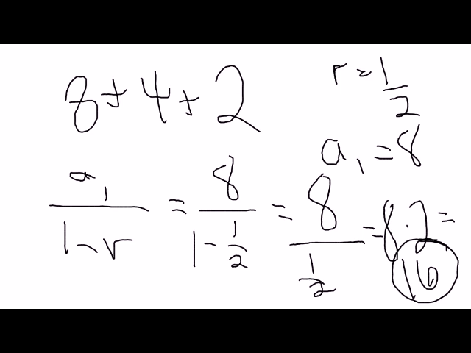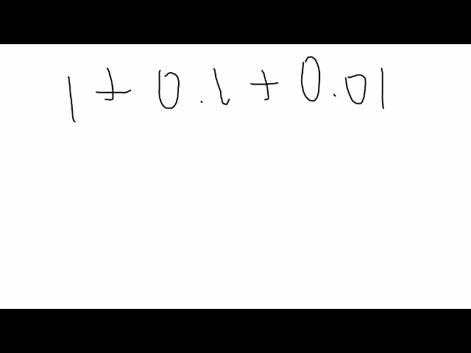And remember, you can only get the sum if the absolute value of r is greater than 0, less than 1. Okay, 10. 1 plus 0.1 plus 0.01. Okay, what's the pattern mathematically? It's times 1/10, right? So is this divergent or convergent? It's convergent. So we can find the sum. So the sum is going to be our first term, which is 1 in this case, right here.